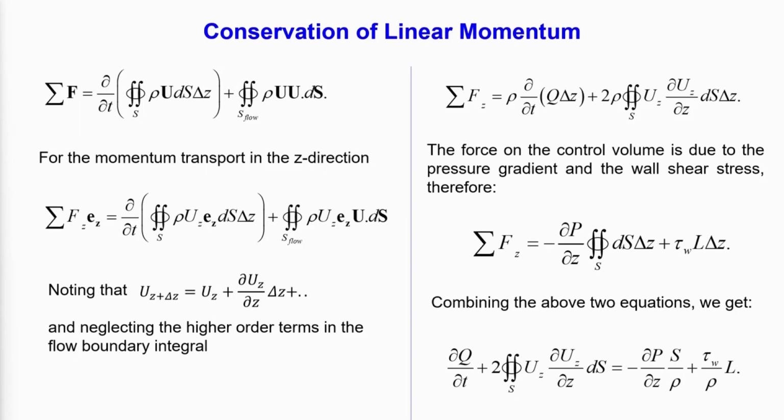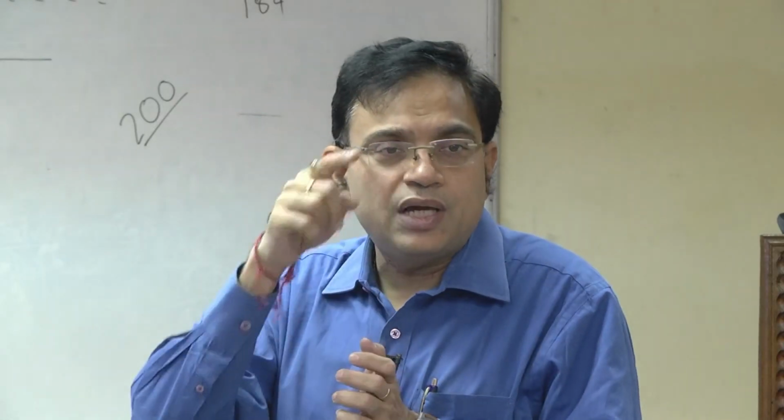So, that is the force due to pressure, and you have a force due to the wall shear stress. So, tau wall is the wall shear stress, and the area on which it is acting is, if you have a circular thing and the wall shear stress is tau wall, and if the radius was constant, then the area on which this is acting is 2 pi r into delta z.